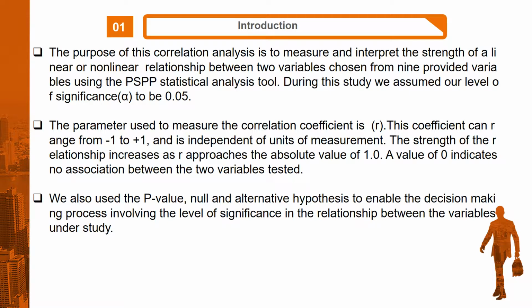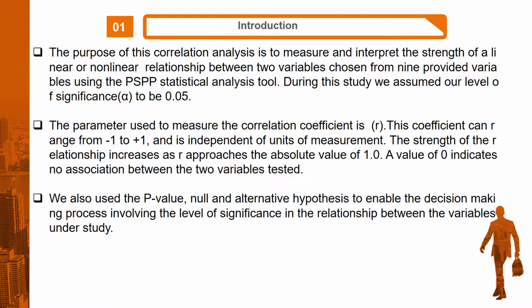The parameter used here to measure the correlation, as from our PSPP analysis, is the correlation coefficient R. It ranges from -1 to the absolute value of 1, and is independent of units of measurement. The strength of our relationship will increase as the R value approaches the absolute value of 1.